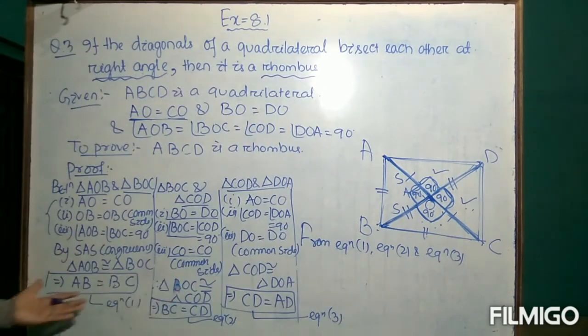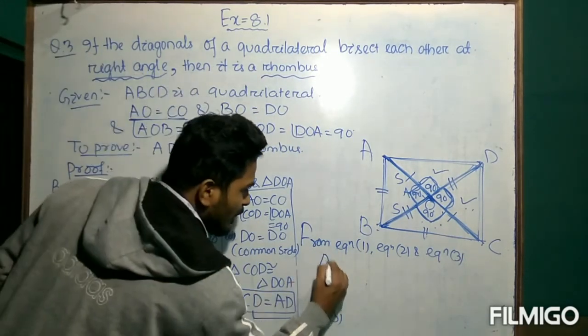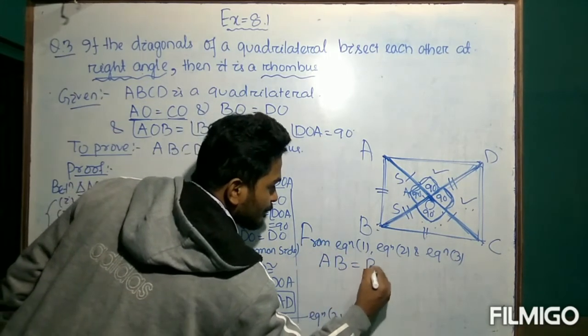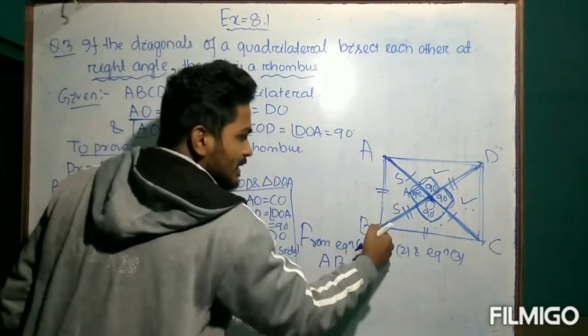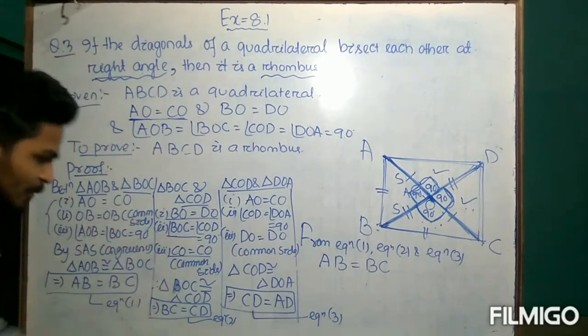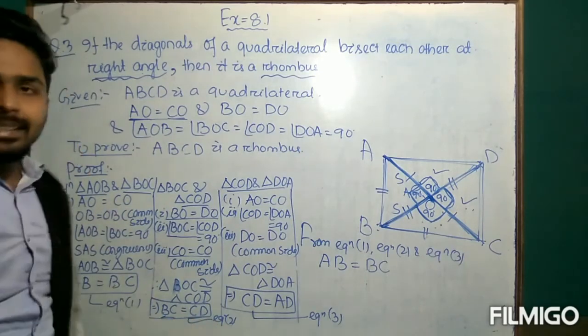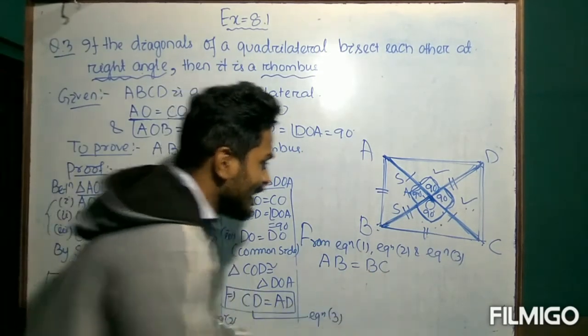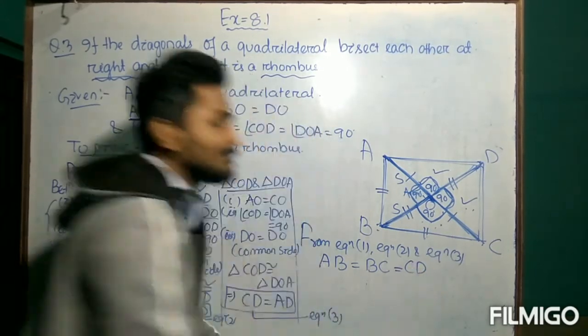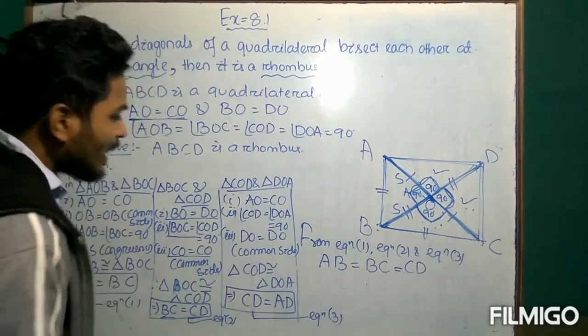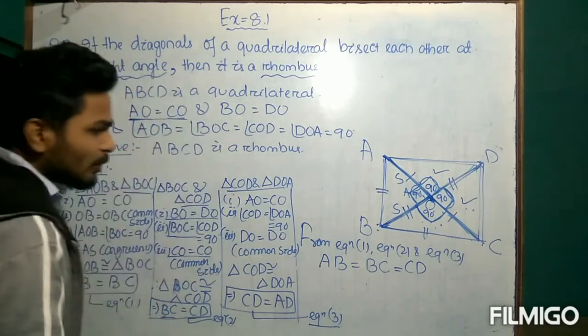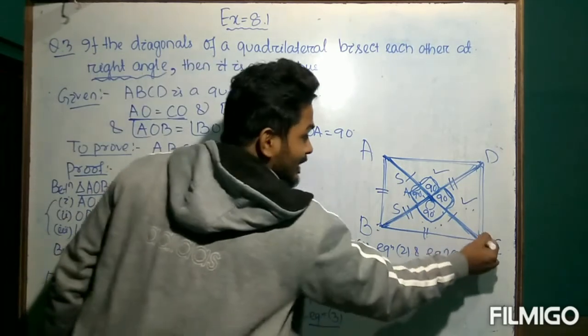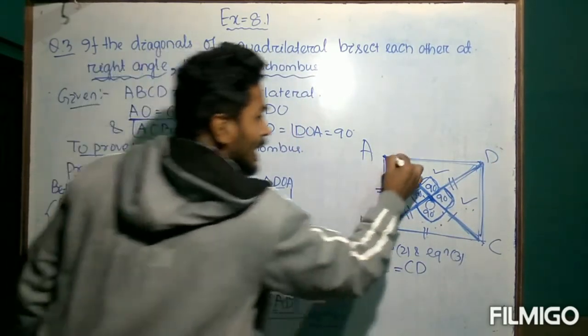Let's analyze. From the first equation we found AB is equal to BC, that means this side is equal to this side. From the second equation we found BC is equal to CD. And from the third equation we found CD is equal to AD.